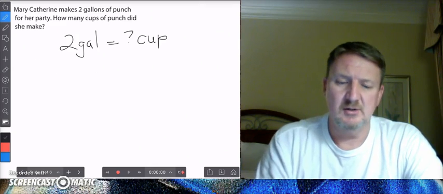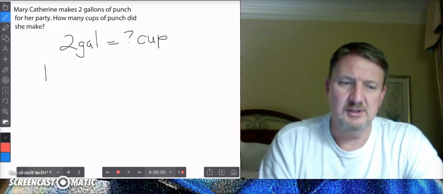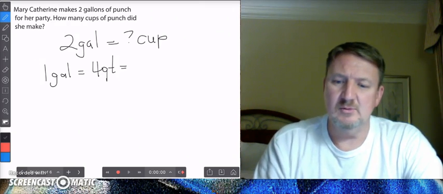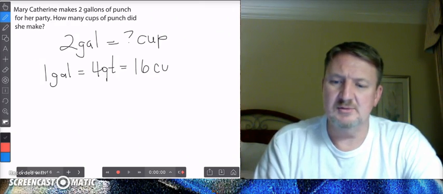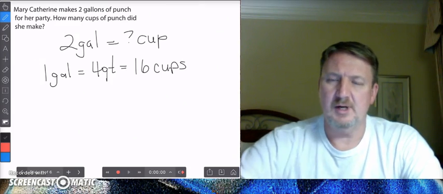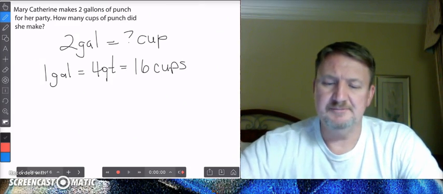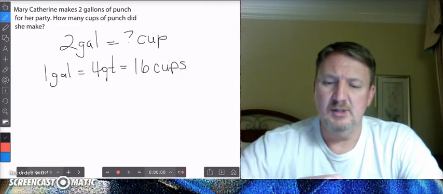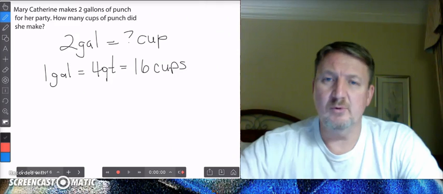Okay, so I went to the conversion chart and I looked, and it said 1 gallon equals 4 quarts, and that's going to equal 16 cups, because 1 gallon has 4 quarts, but each quart has 4 cups.